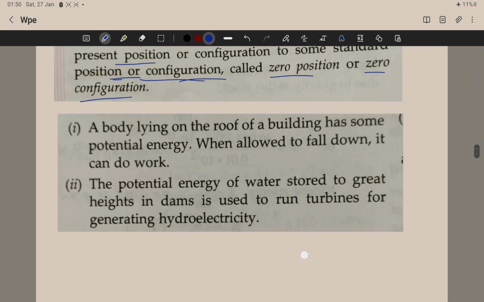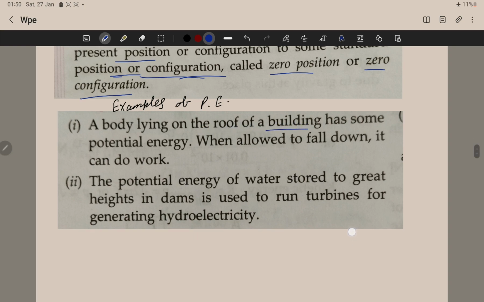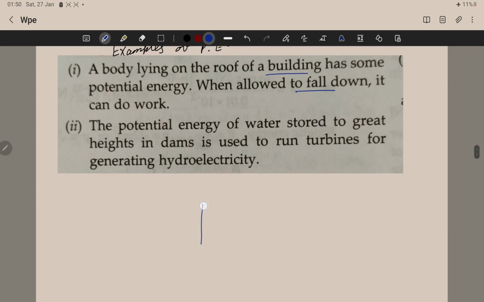Now here some examples of potential energy are given. A body lying on the roof of a building has some potential energy when allowed to fall. If an object is at some elevation, it stores some potential energy because of its position.